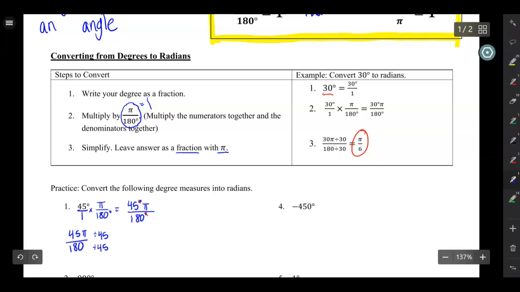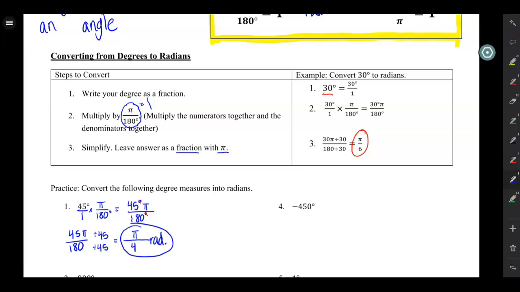And maybe you don't know that. Maybe you just know that you can divide them by 5. You can start with smaller numbers. Just keep dividing by numbers that you can divide from the top and the bottom. So I'm just going to put the pi on the top, a 1 pi, and then 180 divided by 45 is 4. And you can totally use a calculator to help you do this division problem. So my answer is going to be pi fourths radians.